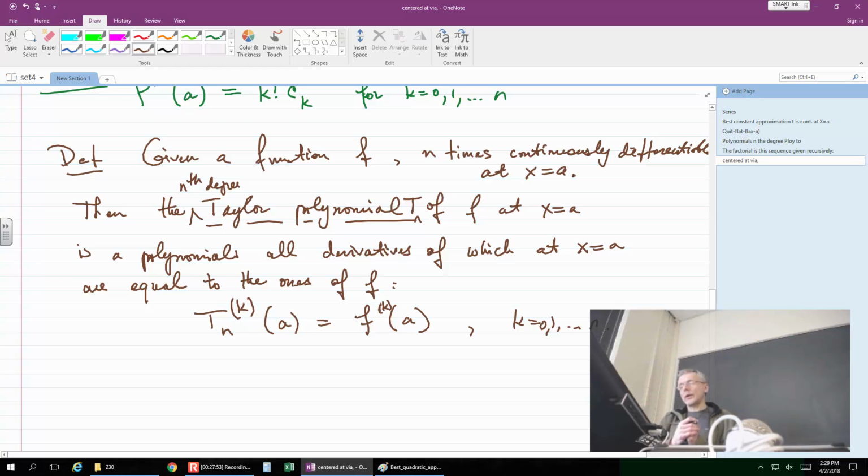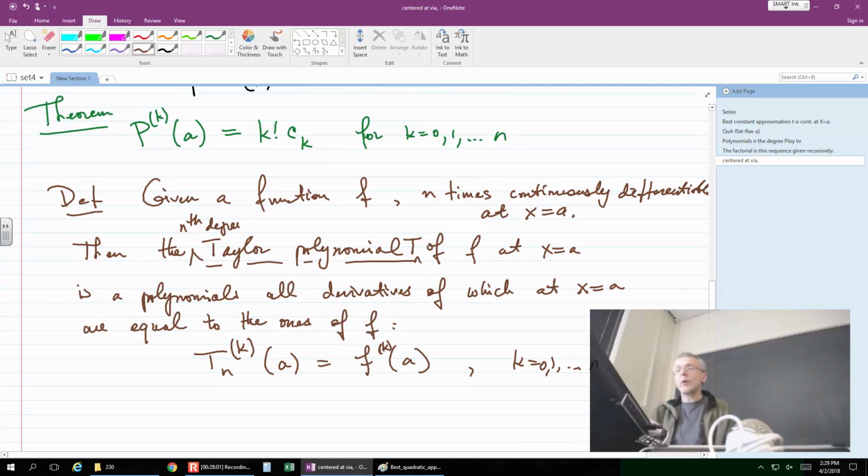Okay, so once again, I could even write it out. Well, let's first use the theorem to actually be specific about what that polynomial is. We can actually write out what the coefficients are.